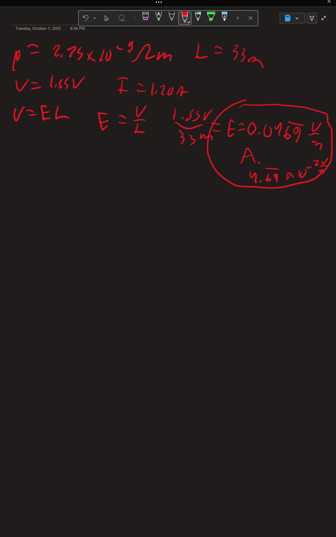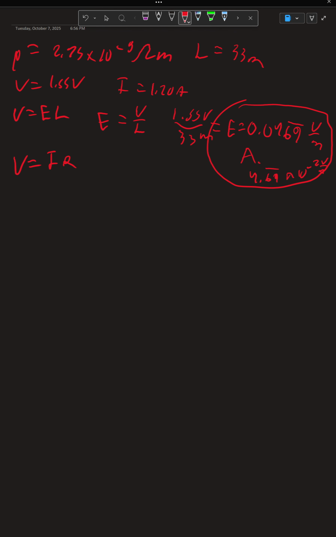For part B, it's asking to find the resistance. Finding the resistance isn't too hard since we already have the resistivity and the length. Actually, no, it's not that. To find the resistance, all we have to use is voltage and amps. Since voltage equals current times resistance, we just move I away.